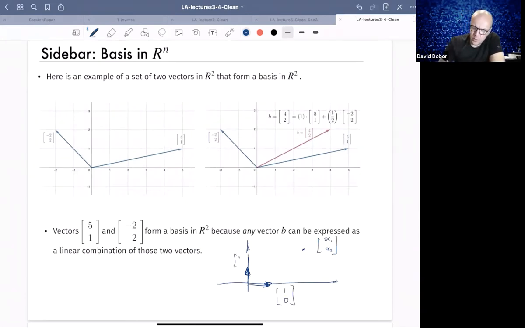This one was 0, 1. And any vector x1, x2, like this vector, well, let's give it a red color, x1, x2, is going to be x1 times 1, 0 plus x2 times 0, 1.